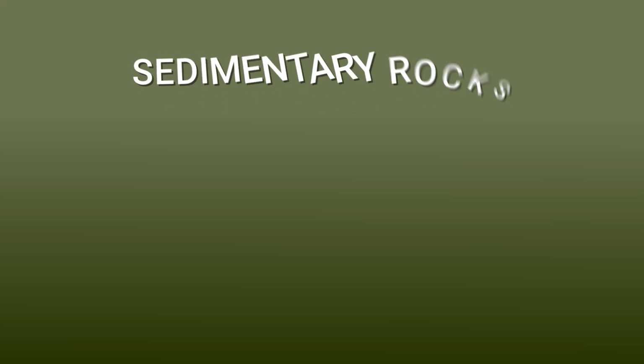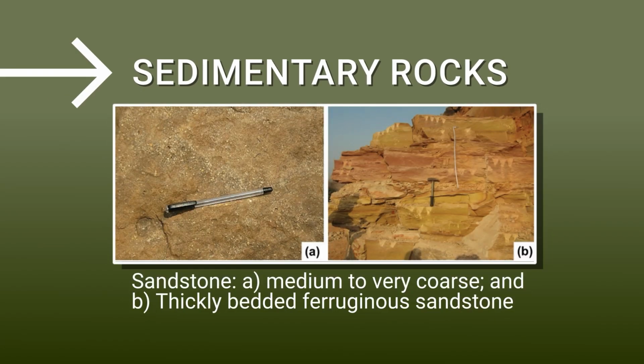Now you can also have sandstone which can vary in grain size from medium to very coarse, and this is a field diagram in which a rock is exposed which has thickly bedded ferruginous sandstone. So you can see that the classification is done based on the grain size also. You can have a medium grain sandstone, you can have a coarse grain sandstone.